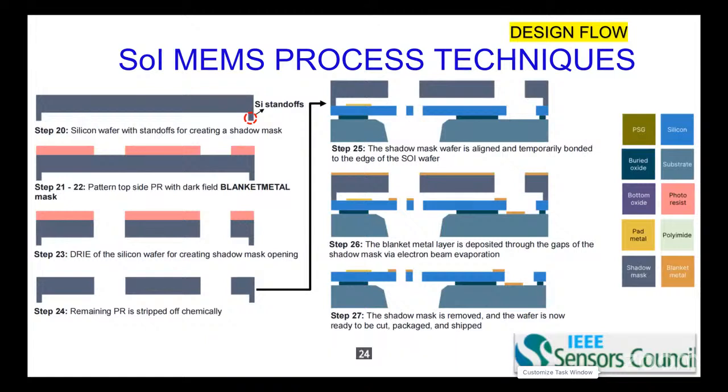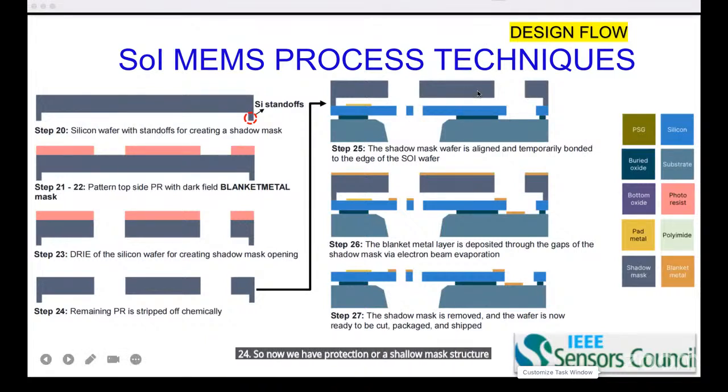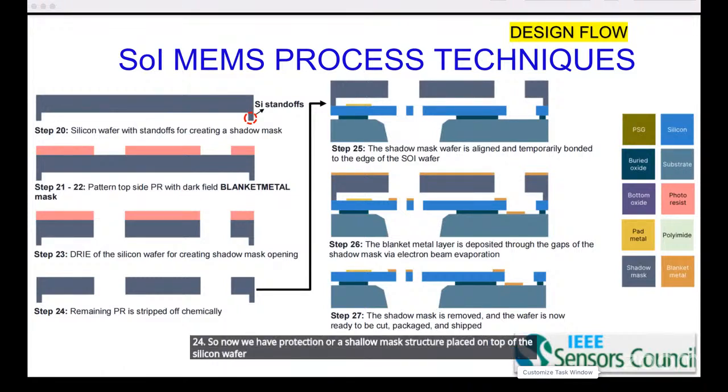So now we have a protection or a shallow mask structure placed on top of the silicon wafer that we have created. Now this shallow mask is aligned and temporarily bonded. That is, the standing structures are temporarily bonded with this silicon wafer.